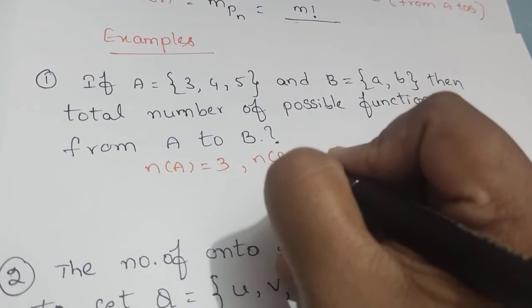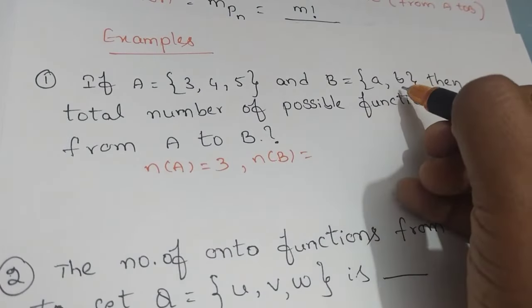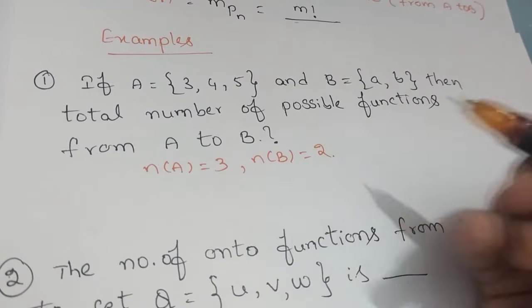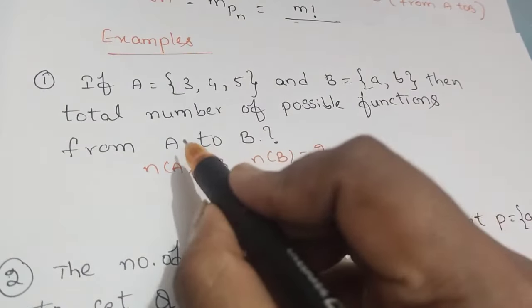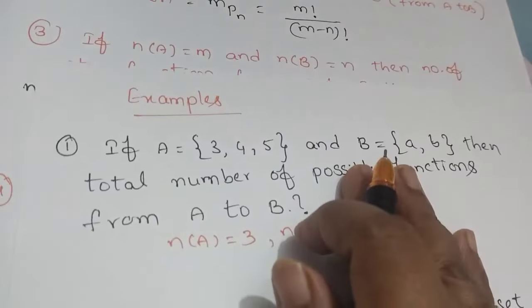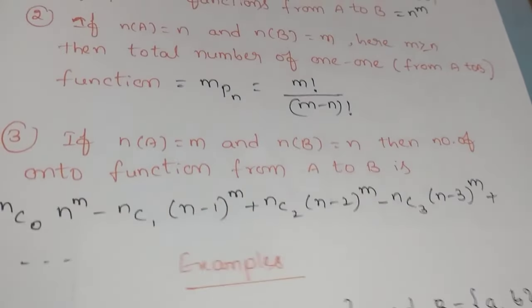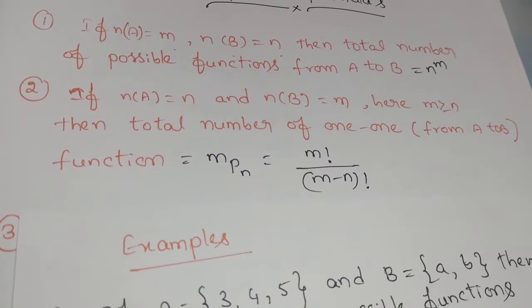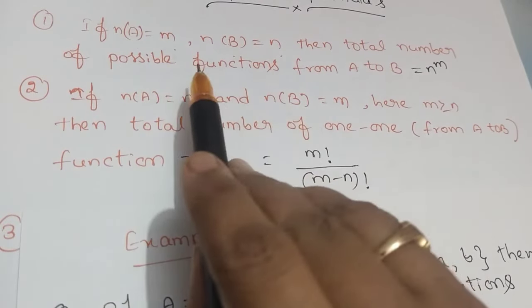Next, the number of elements in set B is 1, 2, so 2 elements. Now we need to find the total number of possible functions from A to B. See the formula for this. The data matches with the first formula.